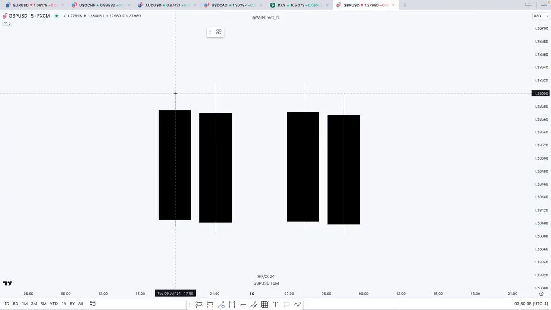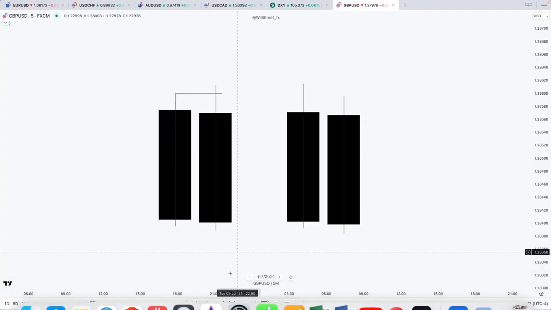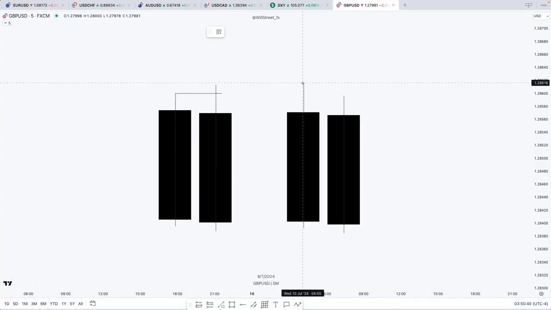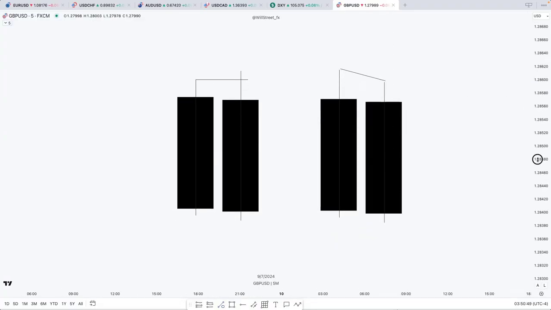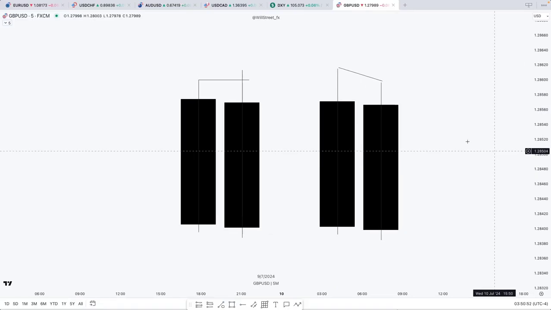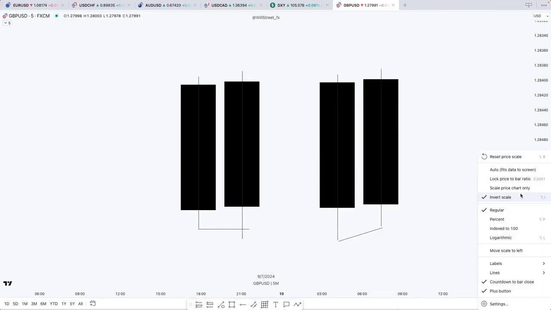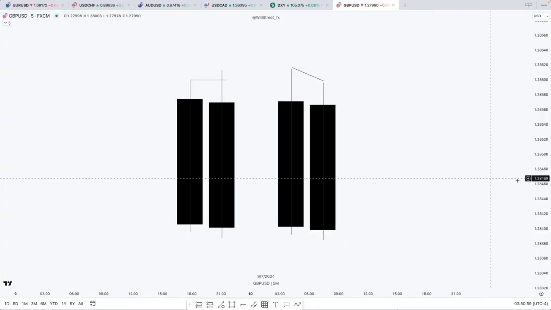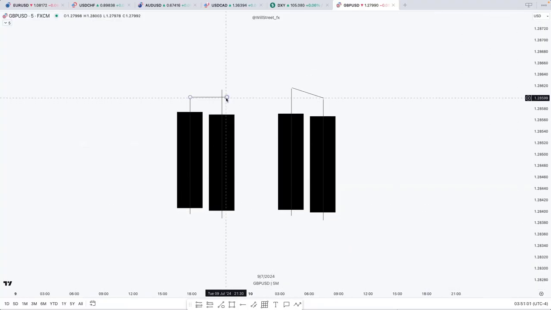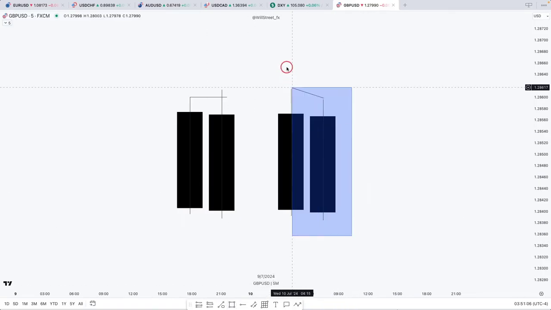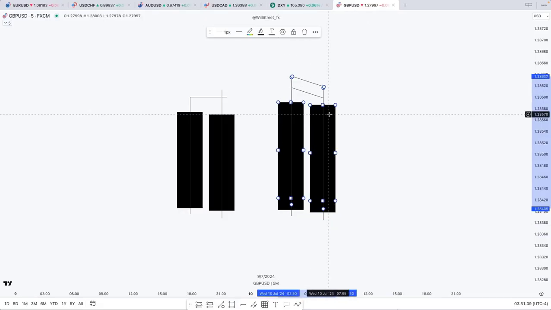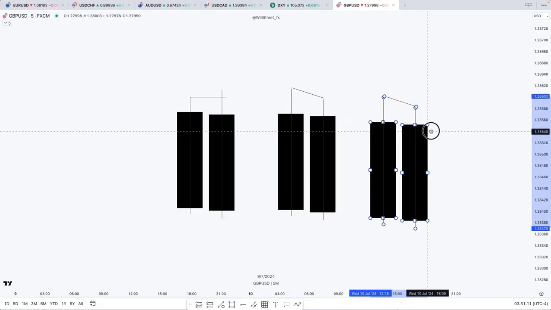An SMT is just a turtle soup in one pair and a failure swing in a correlated asset. I will talk about this later, about which are the correlated assets. And of course, it's exactly the same when bullish. Yeah, it's that simple. There are pairs that have three correlated assets, and it will look like this.